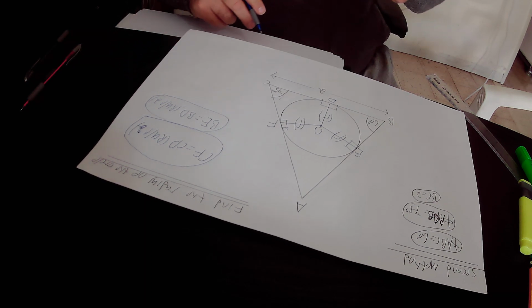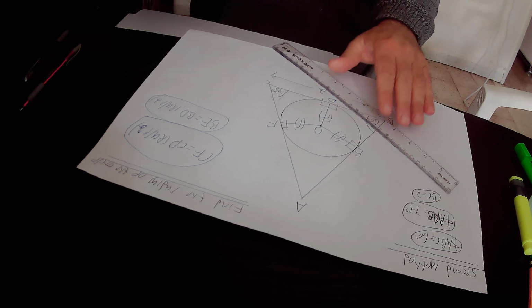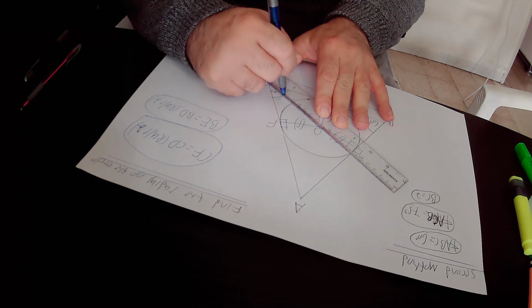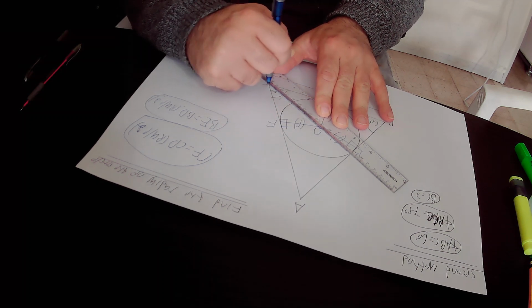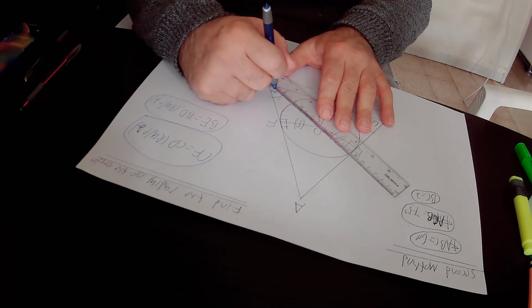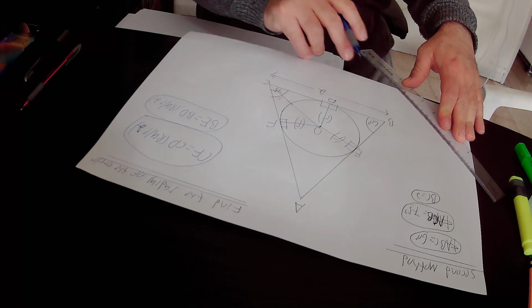In the next step, we'll join points O and C together by a straight line. And we'll also join points O and B together by a straight line.